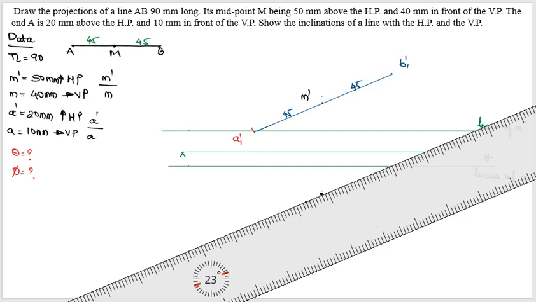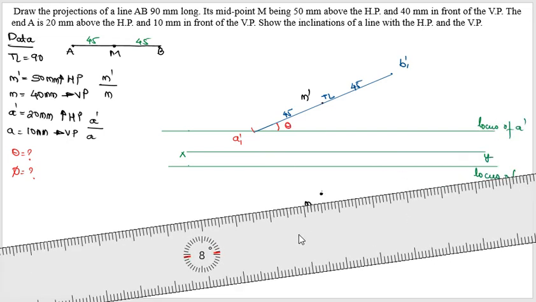So the line drawn with blue marker is the true length. Once you get the true length, you can measure this angle. This angle will represent my theta, so you can easily note down the theta.